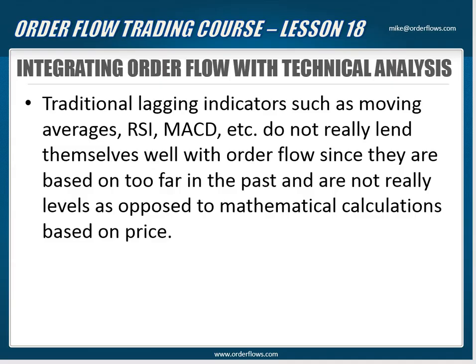Traditional lagging indicators such as moving averages, RSI, MACD do not really lend themselves well to order flow, since they're based on too far in the past and not really levels, as opposed to mathematical calculations based on price. What I mean is, you have a 200-day moving average. Yeah, price can react around it, and price does, obviously, but what are you using to calculate it?